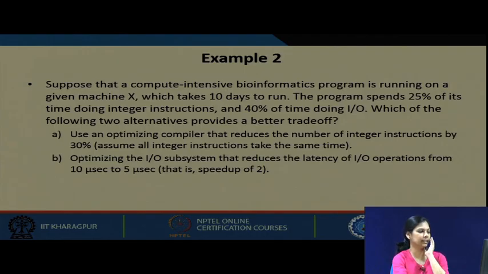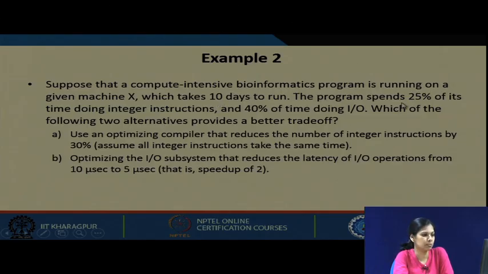Let us take another example. Suppose that a compute intensive bioinformatics program is running on a given machine X, which takes 10 days to run. So, it is compute intensive, a lot of computation is going on for this program, and it is taking 10 days to run.